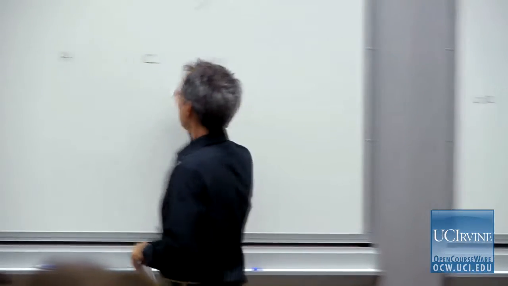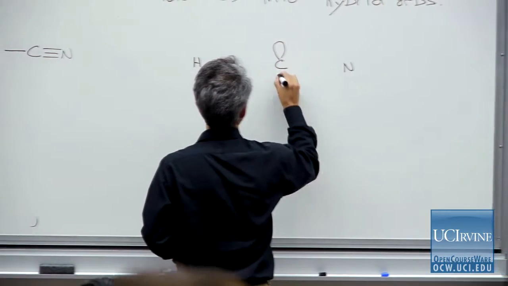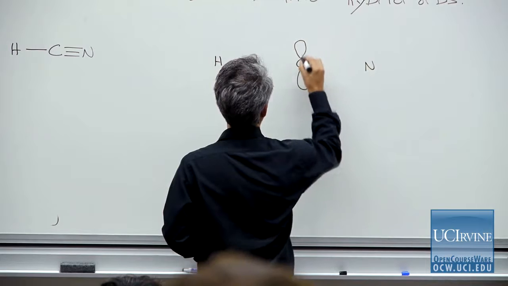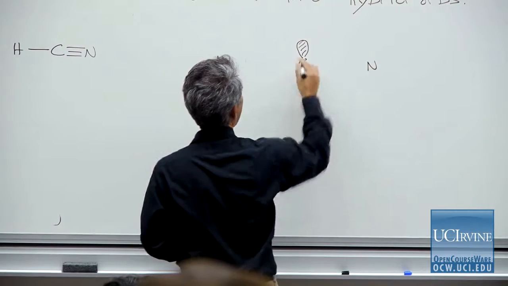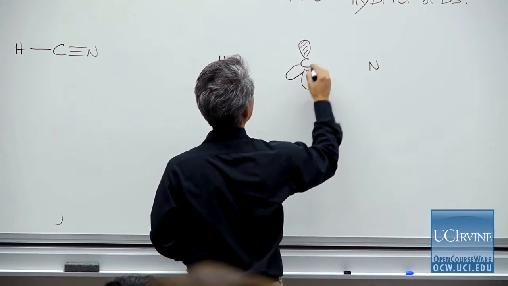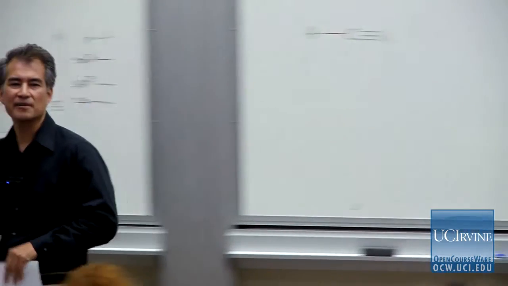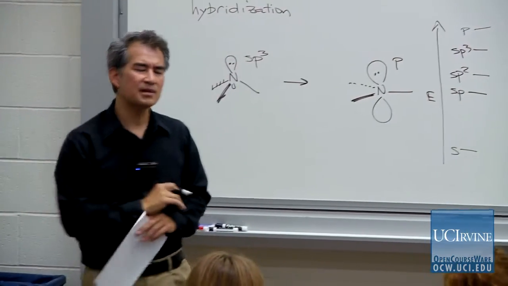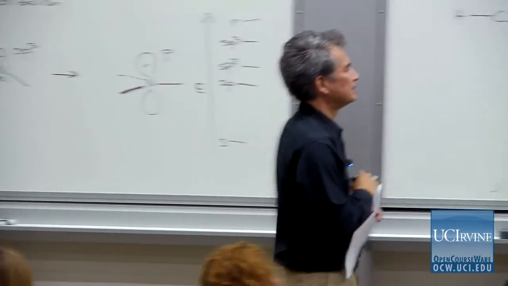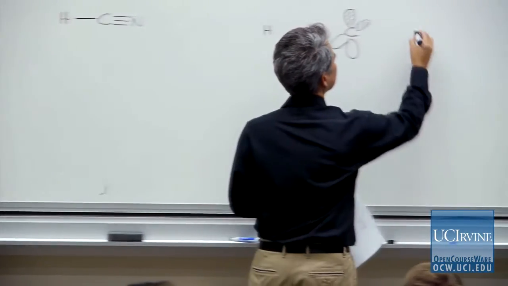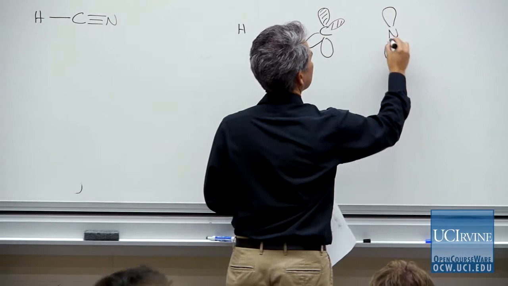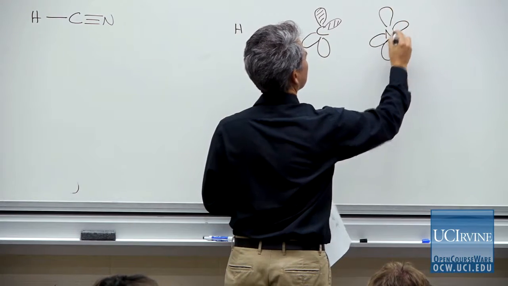If it's linear, that means there's two p orbitals that never mixed in. So I'll try to draw one p orbital that's on the y-axis and another one coming out at us. This is supposed to be aligned with the z-axis coming out of the board, but I'm not very good at drawing that. What's the hybridization of the nitrogen atom? It's sp also. And so again, I'll try to draw one of the p orbitals coming out of the board.